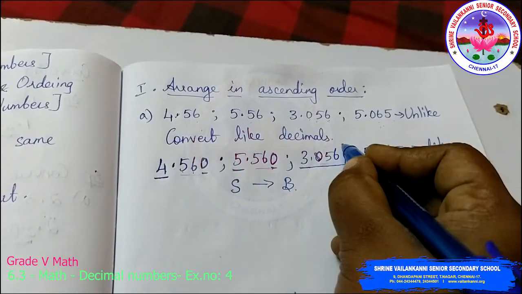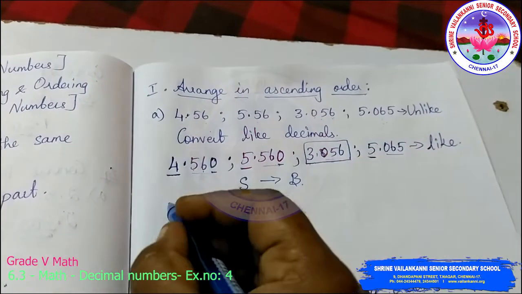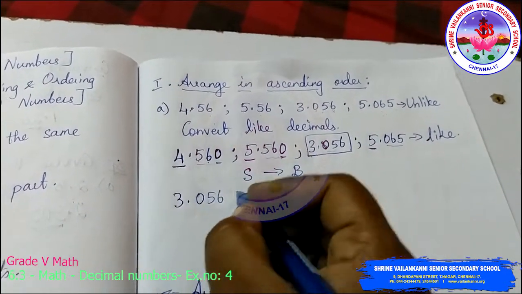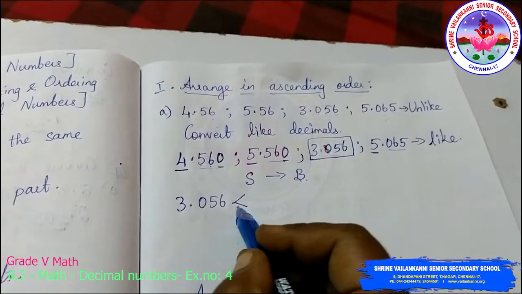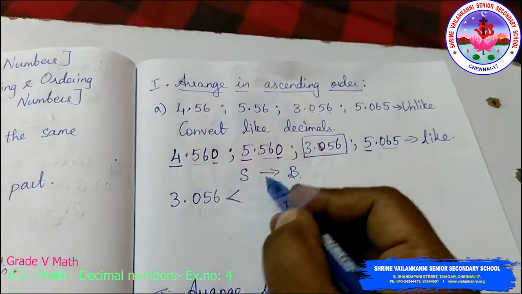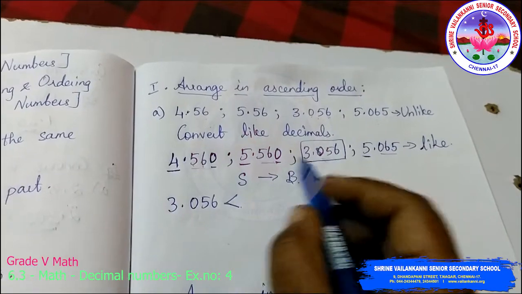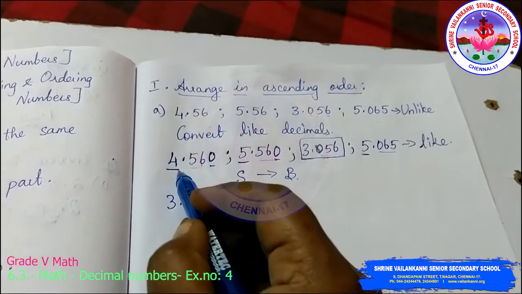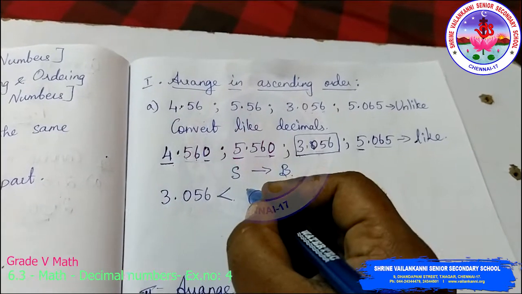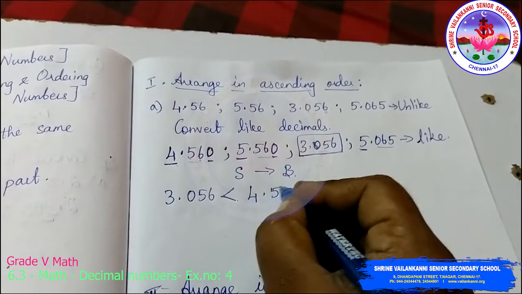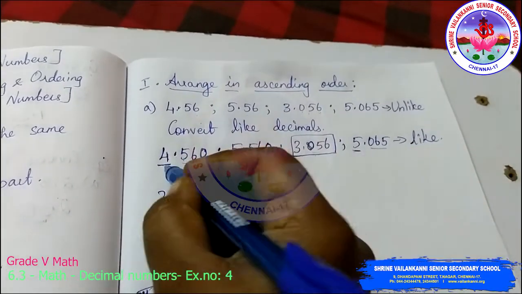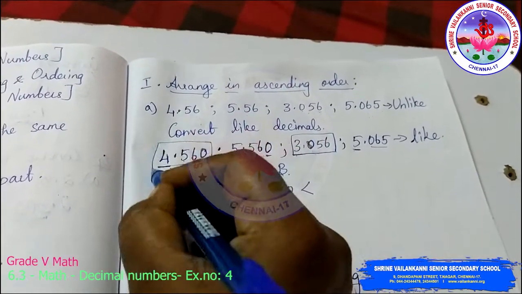So this is your smallest decimal number first: 3.056. This is the less-than symbol. Next, compare the rest: 4, 5, 5. So 4 is the next smallest number, 4.560, with the less-than symbol. Now this is over.